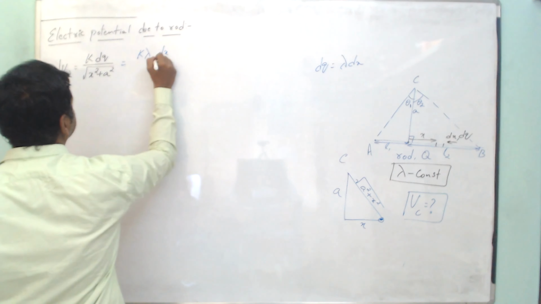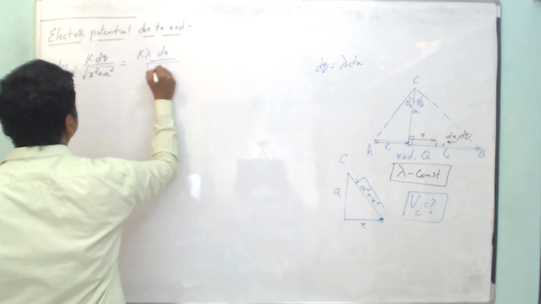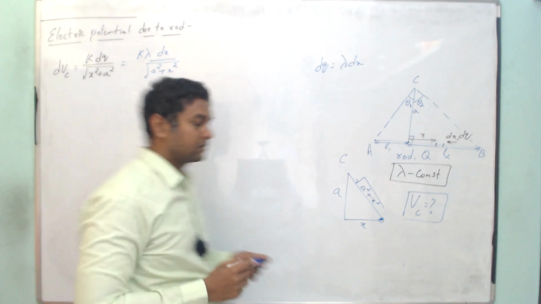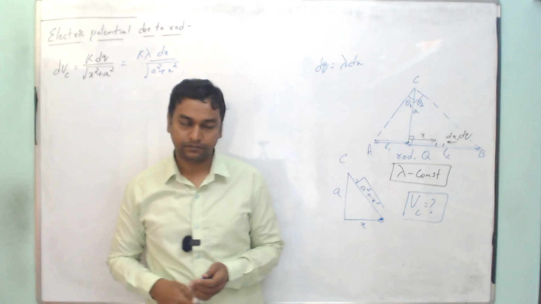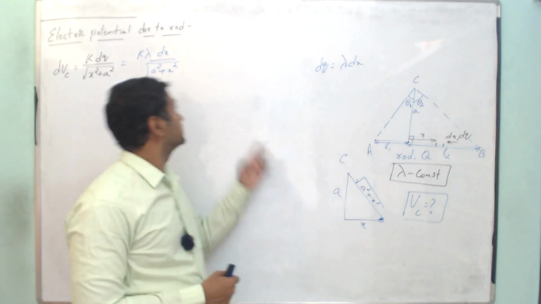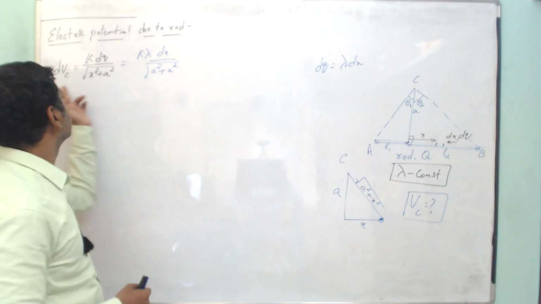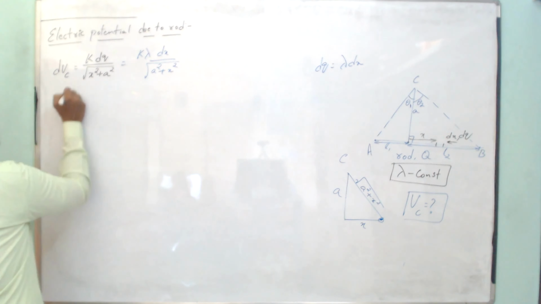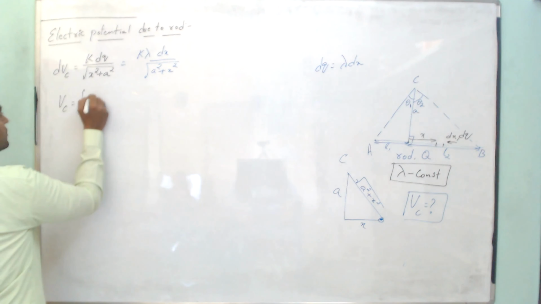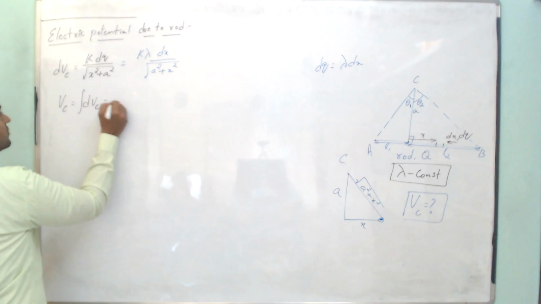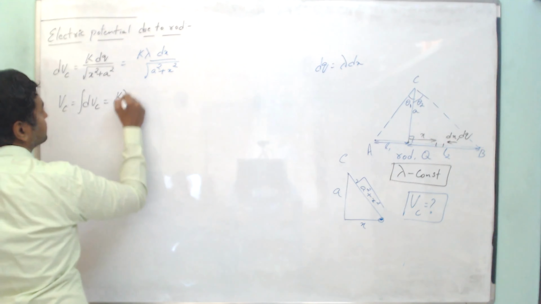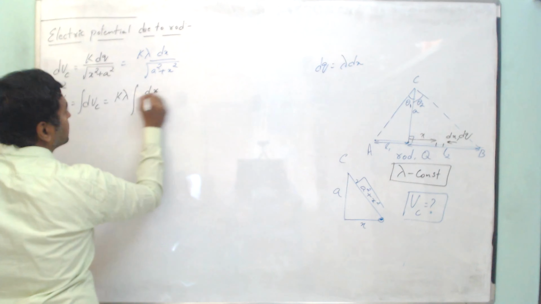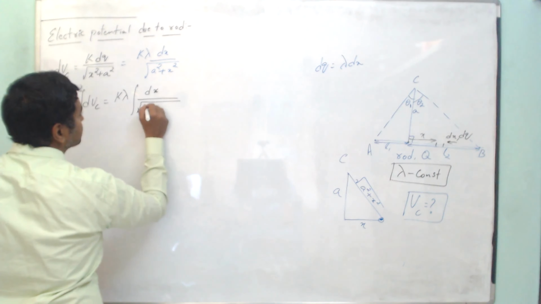dx upon square root of x square plus a square. Now I have a variable in the denominator, so we integrate left hand side and right hand side. So we will have Vc is equal to integral of dVc, which is k lambda, a constant, outside, integral of dx upon square root of a square plus x square.